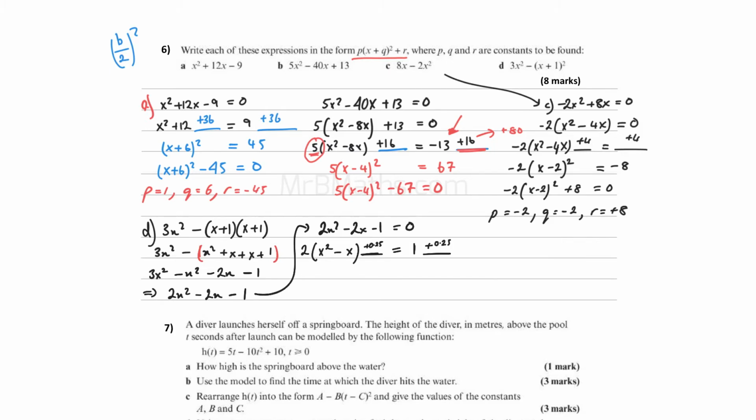okay. So now we can factor the left hand side, so we end up with 2 open bracket x minus half squared.